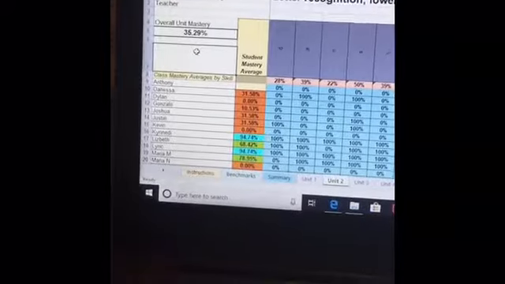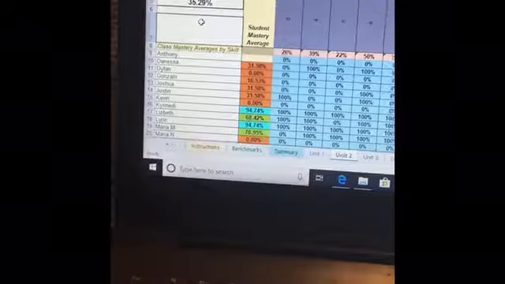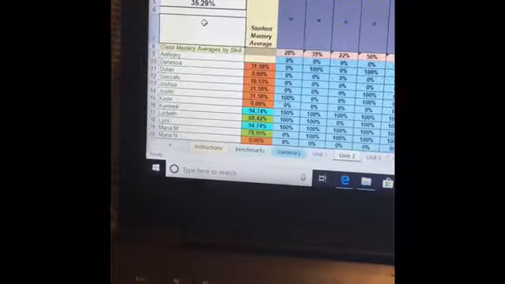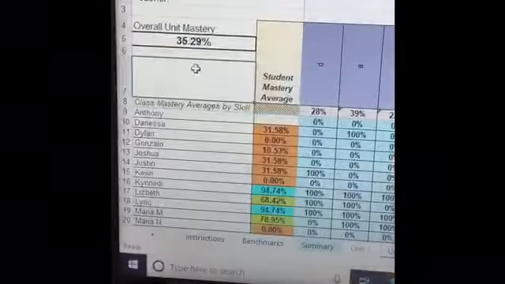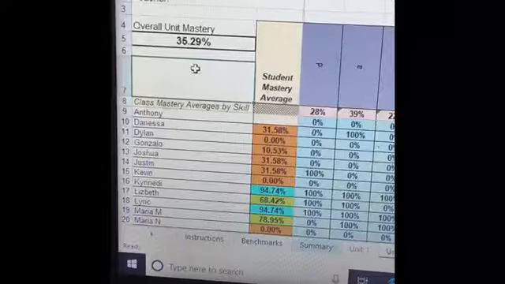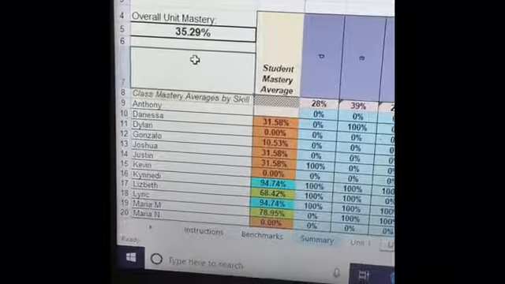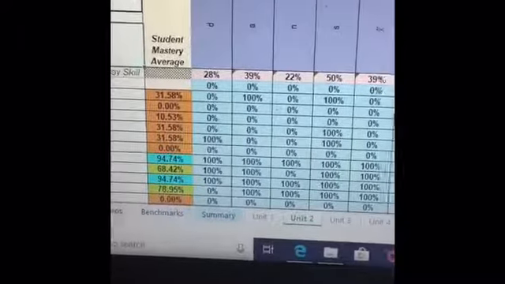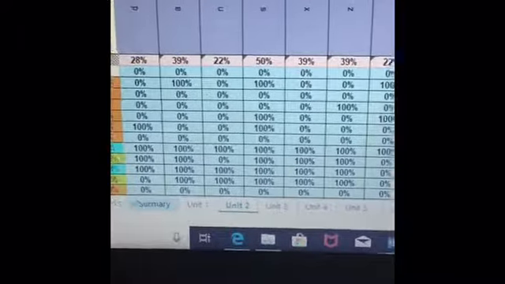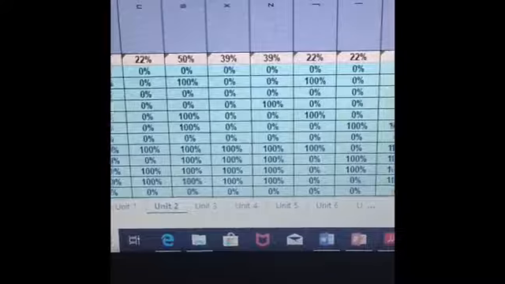At the beginning of the school year, we started out at about 35% mastery, and that became my baseline. Not only did I establish an overall baseline, but I also established baselines for each and every letter, so I would know what my level of recognition was for each and every lowercase letter.